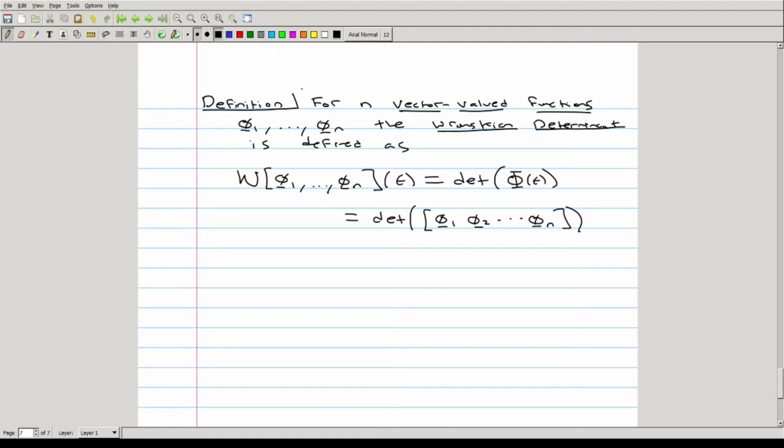Where each of these, like I said before, depend on t. They're all vector valued functions.